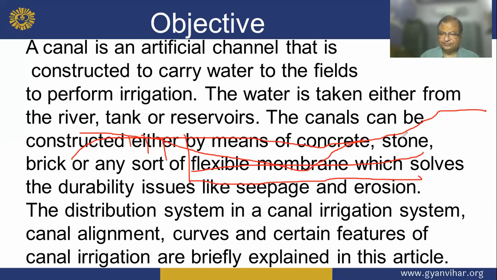Then what happens? In this area, the entire water level will be high, so no crop will be developed, and this condition is waterlogging.